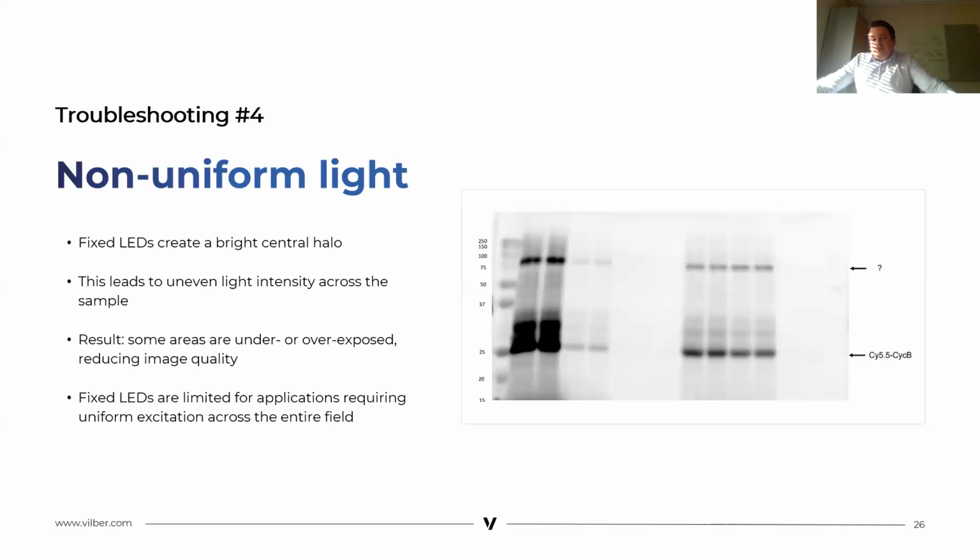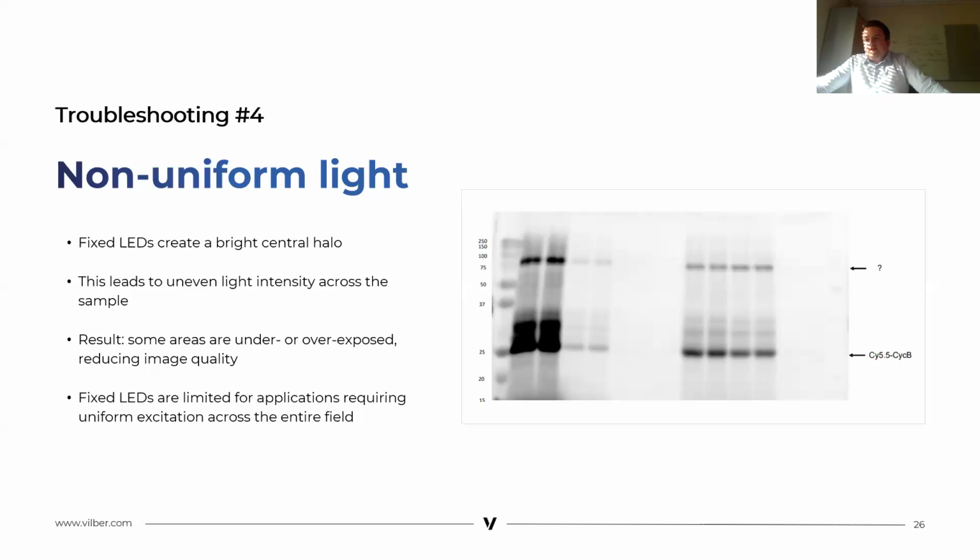I think the most important troubleshooting here is non-uniform light. It's due to fixed LED, because fixed LED creates a bright central halo, which causes uneven light intensity across the sample. As a result, some areas may be under or overexposed, reducing image quality.